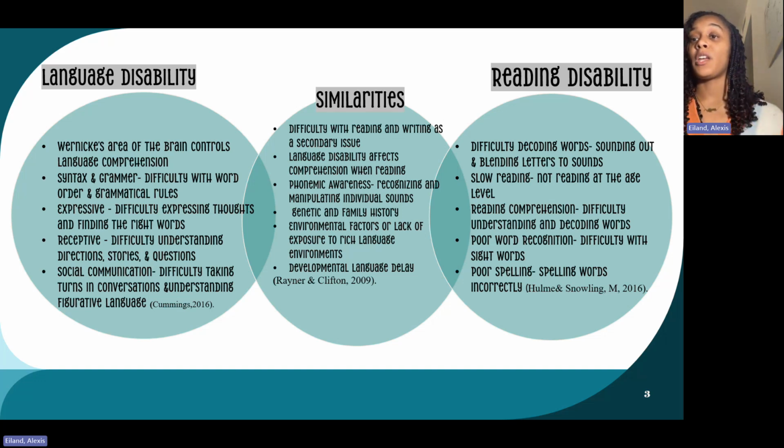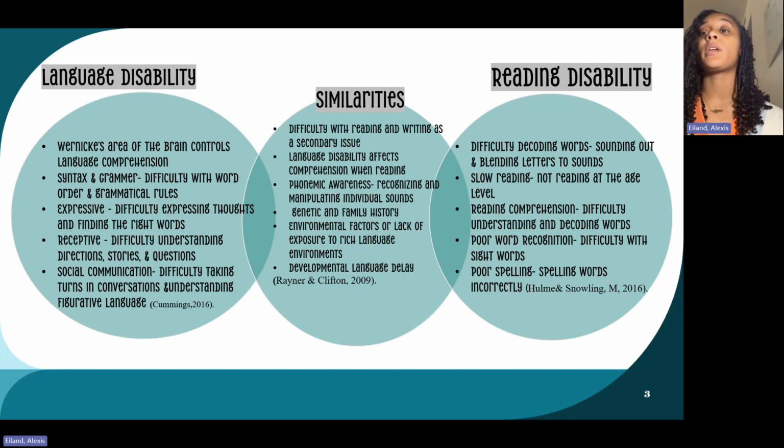That's for language and reading disabilities; they might have some words spelled incorrectly. An example for a reading disability is if I have the word book, bat, basement, anything with the B, and you don't understand that sound is associated with B, you're going to have troubles when you're writing or reading.